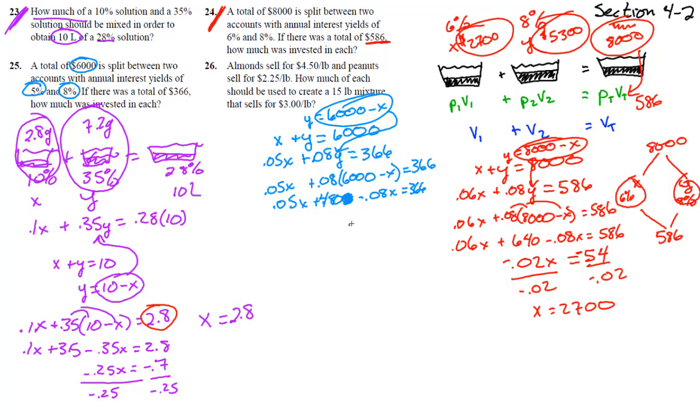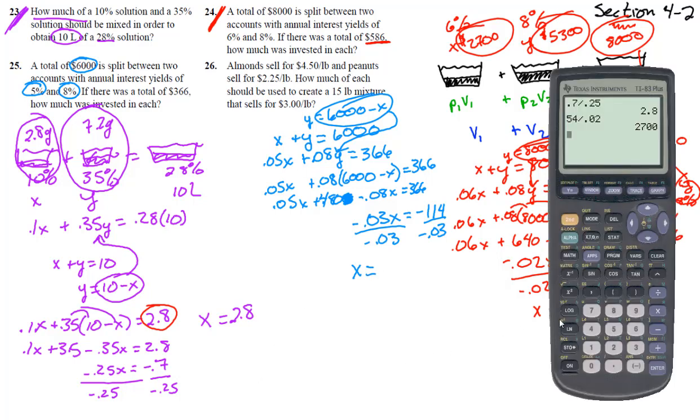So add these two together, you get negative 0.03x, and subtract 480 over here, and you get negative 114. Divide by negative 0.03, divide by negative 0.03, and we have x, which is at the 5% account, equals, let's plug our calculator in, 114 divided by 0.03.